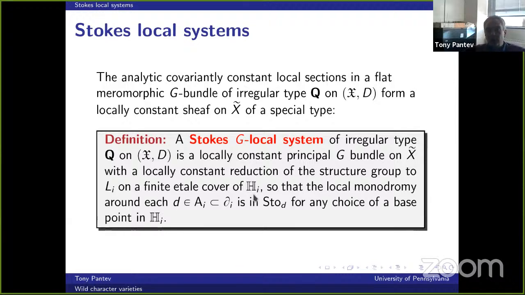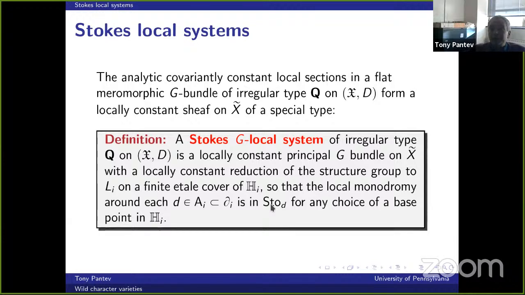This corresponds to my extraction of the root for the Puiseux series. And also it has the property that around each of the extra punctures at the anti-Stokes directions that I added, the monodromy is actually conjugated to a monodromy in this unipotent group that was determined by the irregular type, the Stokes group, for any choice of a base point.